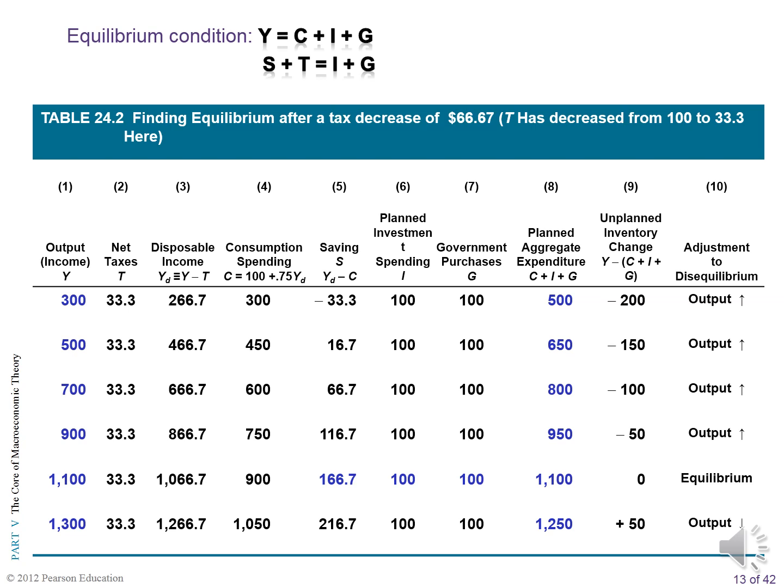Consumption is a function of disposable income, as we did last time. C equals 100 plus 0.75 times 266.7, so 300. Saving is disposable income minus consumption. Investment is unchanged, still constant at 100. G went back to the old level of 100. We have to calculate aggregate expenditure, which is C plus I plus G. I plus G is 200 and C is 300, so 500, and so on.